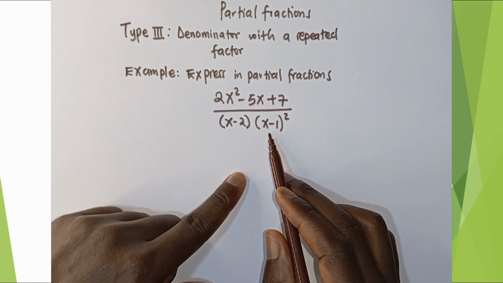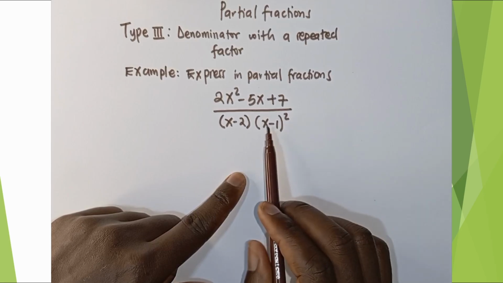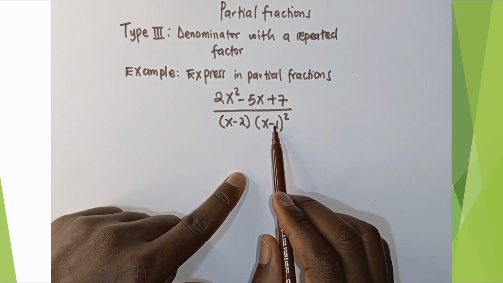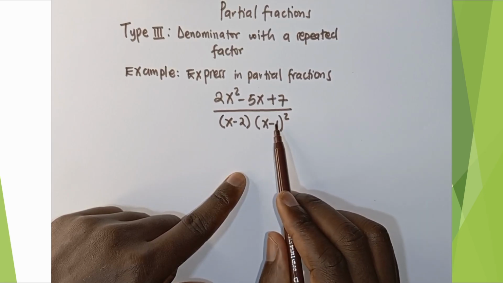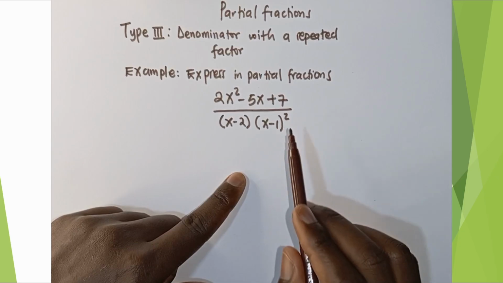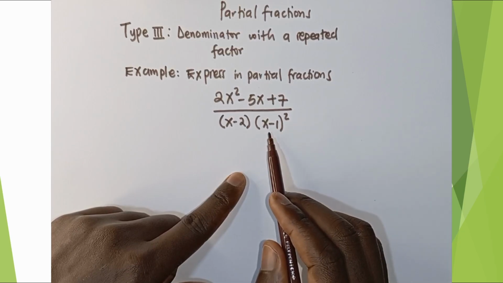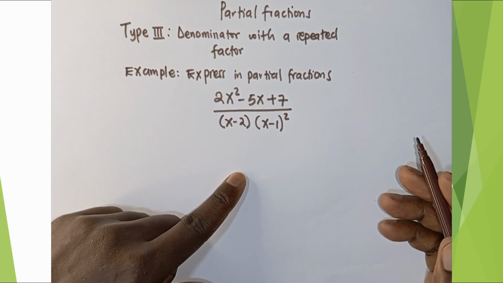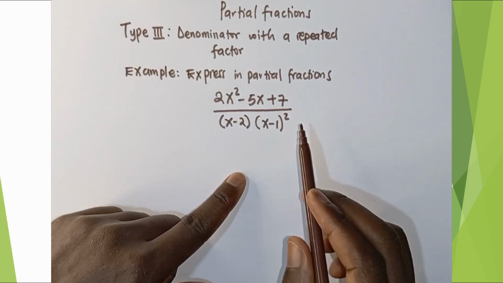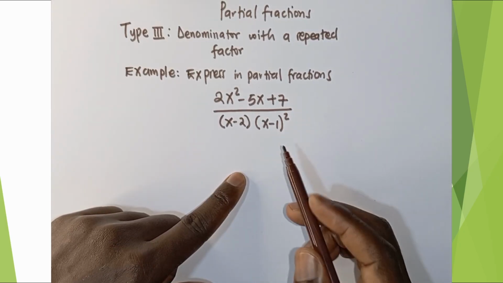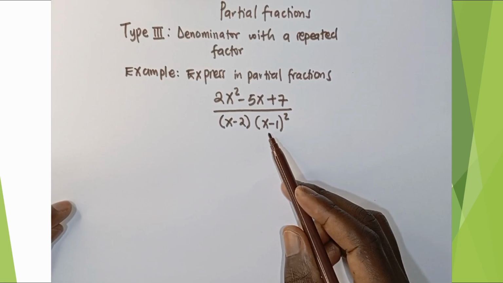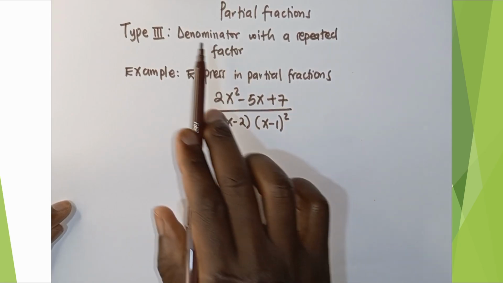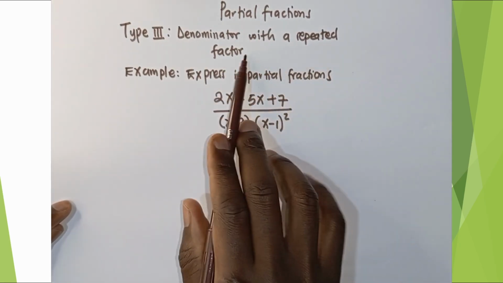Like this one, it is x minus 1 squared. X minus 1 squared is a repeated factor. It's like repeated twice. If it was power 3, it is repeated 3 times. So that is how you identify a denominator with a repeated factor.